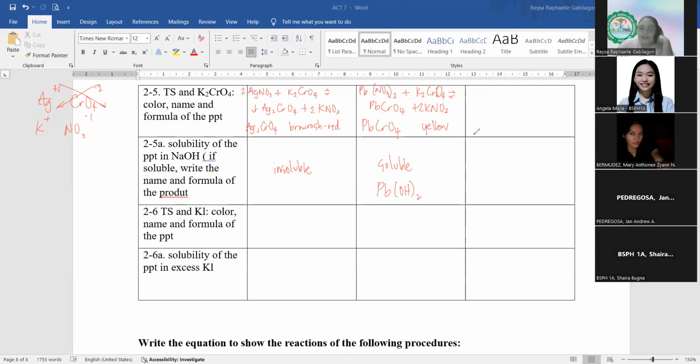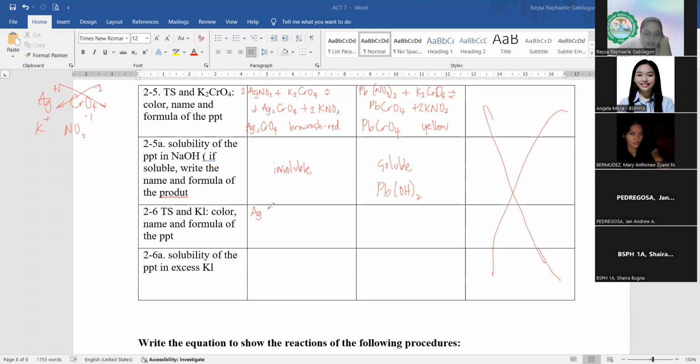Lead hydroxide. Let us not include this anymore. Let's just concentrate here, because most likely the reaction with mercury is not significant. Okay? So we stay here.